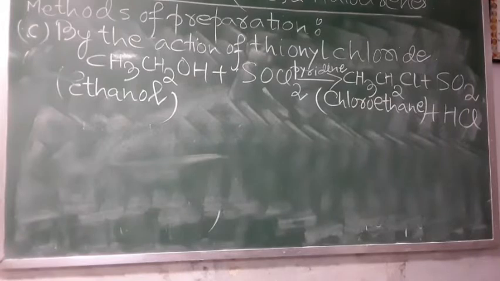Thionyl chloride reacts with ethanol in the presence of pyridine to form chloroethane, sulfur dioxide and HCl. I repeat once again, ethanol, which is a 1 degree alcohol, reacts with thionyl chloride in the presence of pyridine to form chloroethane and SO2 and HCl.